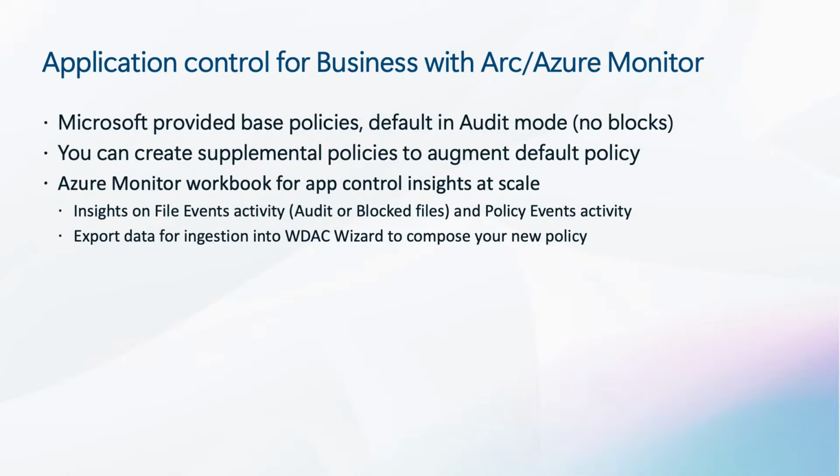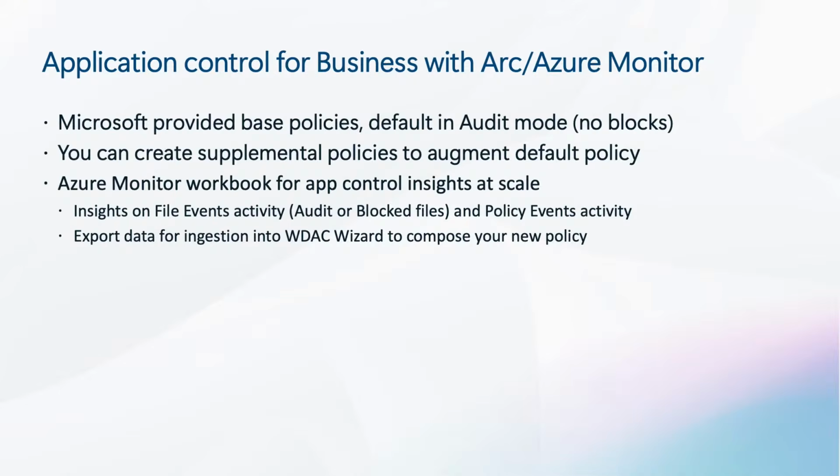With that said, you can just go to aka.ms/app control workbook, and you will find easy instructions for you to follow. That's it. That's all you need to do. After that, you can monitor your fleet, and when the time comes, you can just select all the information to be exported into the App Control Wizard.